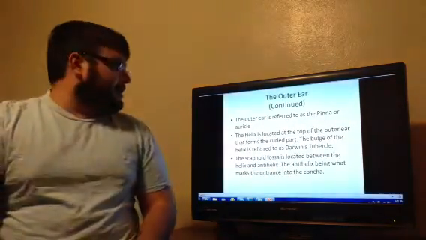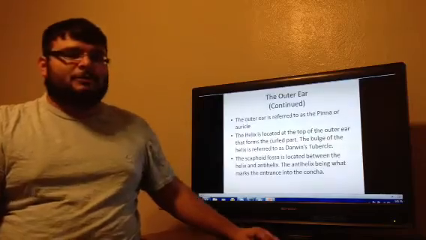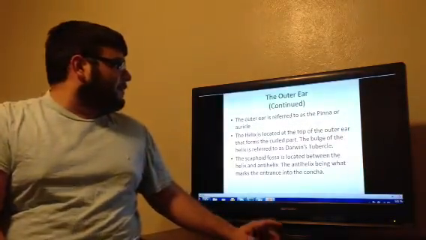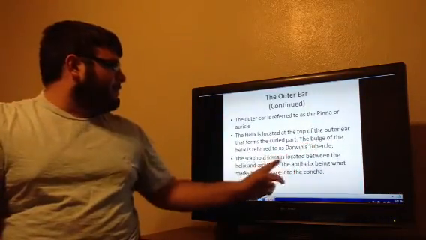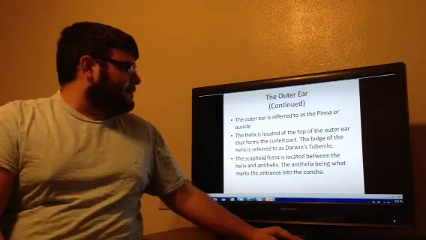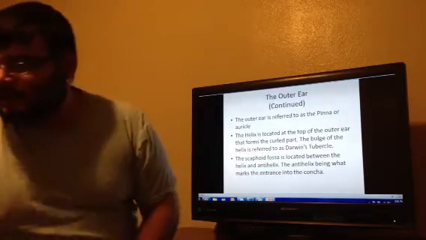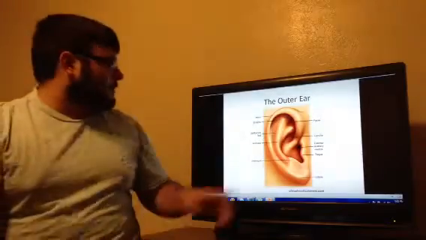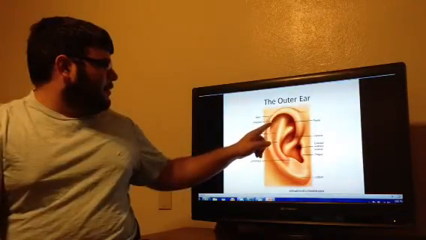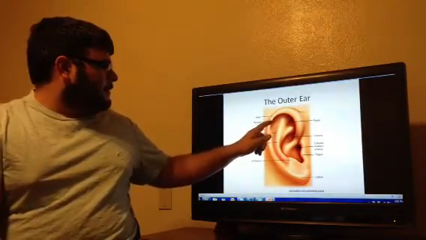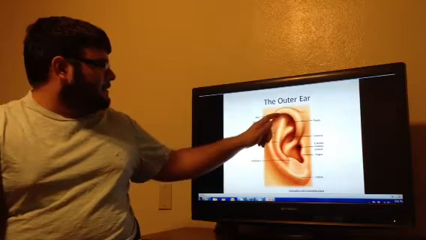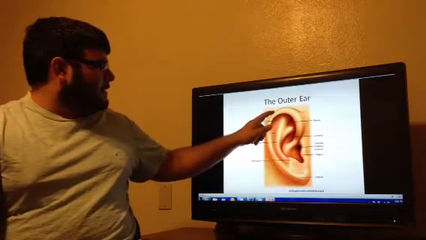Here's the basic information that I just covered. The bulge of the helix is referred to as Darwin's tubercle. Some people may have a little hump somewhere in here. It may come like this or like this.